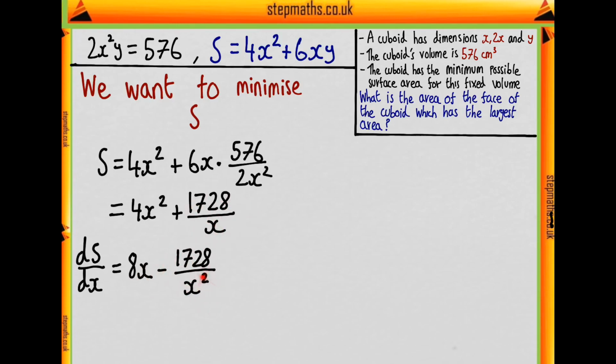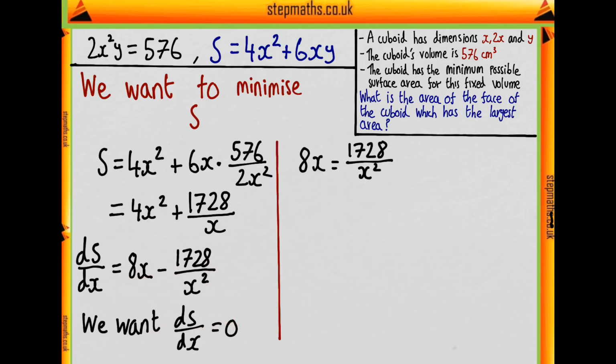And for the minimum, we want this to be equal to 0. So that happens when 8x is equal to 1728 over x squared. So that's times by x squared, divided by the 8, and we get x cubed as the subject. That's 1728 over 8, which comes out at 216.